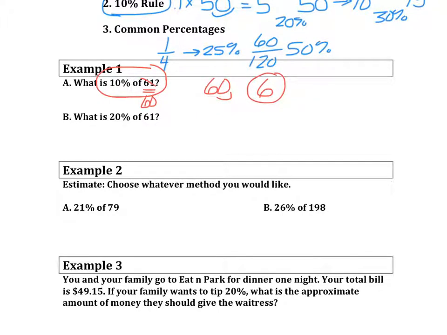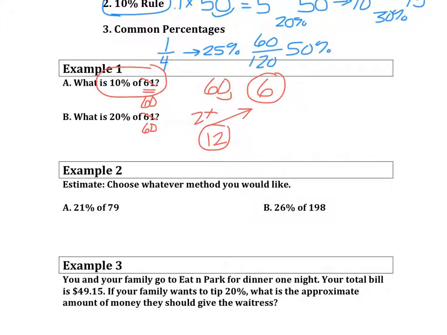Now, look how easy it's going to be to find 20% of 61. Once again, I'm getting rid of 61 and putting 60, because I'm estimating these. 20% has to be double that, or 2 times the 6, or 12, because 20% is double 10%. That's probably the easiest way to solve those problems.